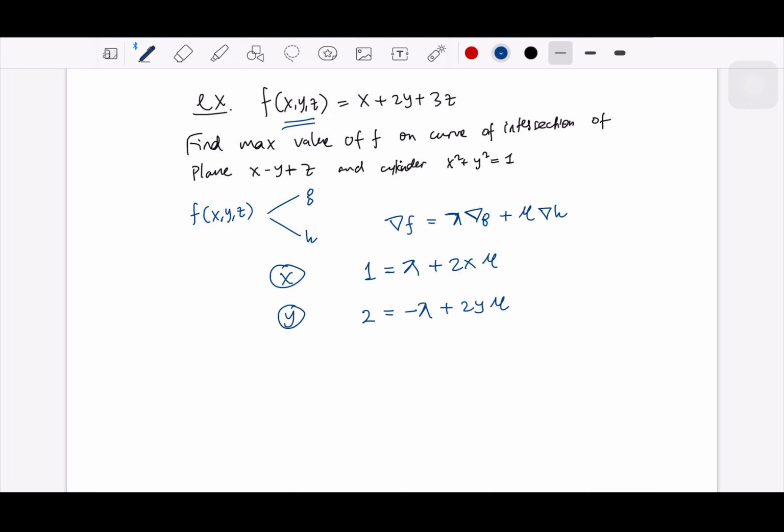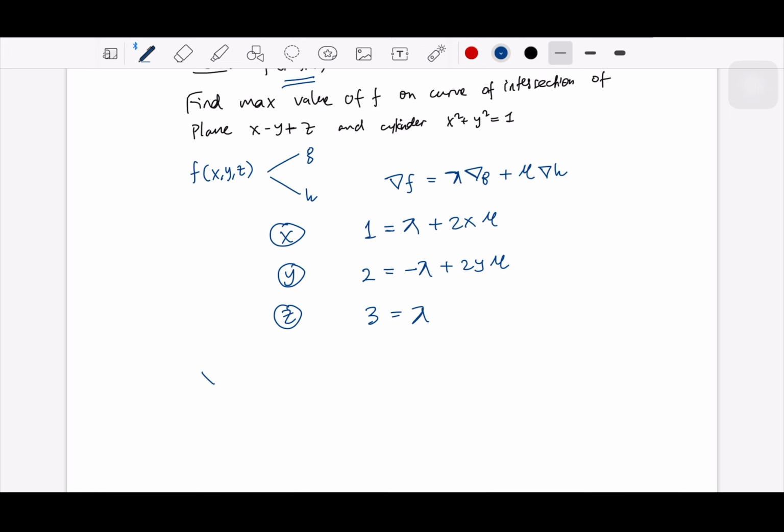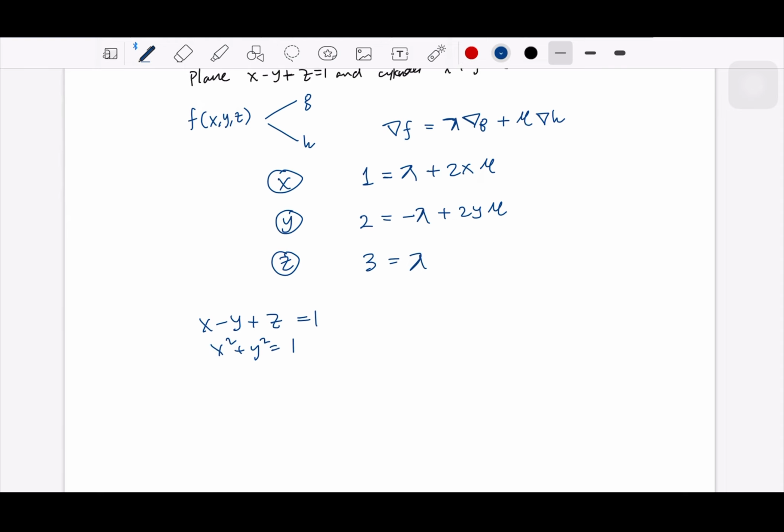And for z, there is only f, so this will be 3, and this should be equal to lambda. So lambda is equal to 3, and we'll have x minus y, oh sorry, this should be equal to 1. x - y + z = 1, and x squared + y squared = 1. So these are the constraints.